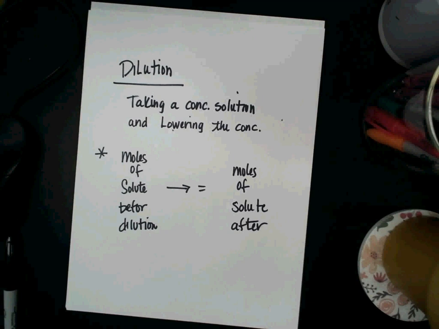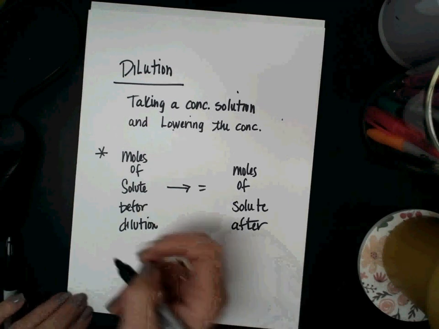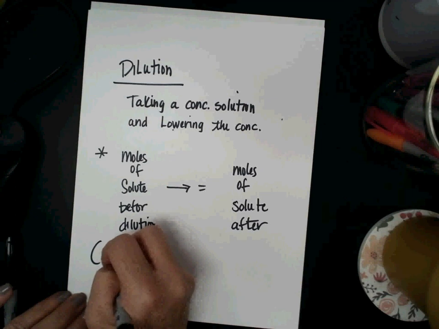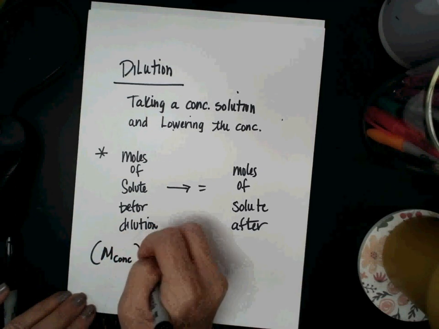If I don't want to give you guys a whole liter of it, I just give you 250 milliliters or whatever. So it's not like you're changing the quantity of moles that are there. You're changing the quantity of solvent that's present. And the way that we figure these things out, this is really easy mathematically.